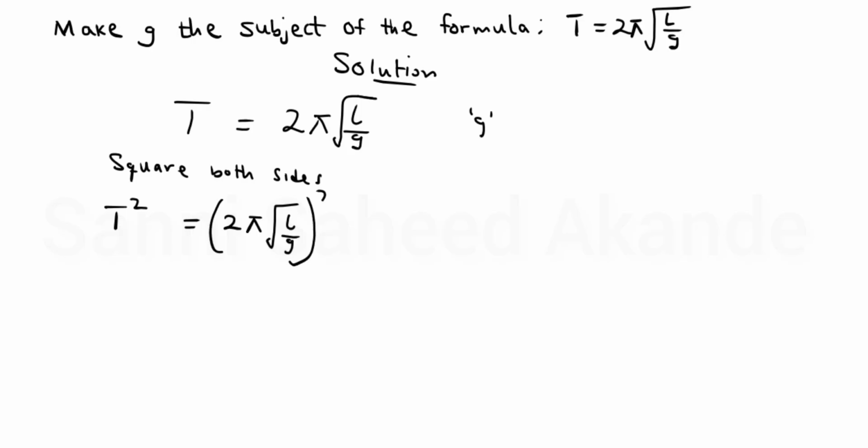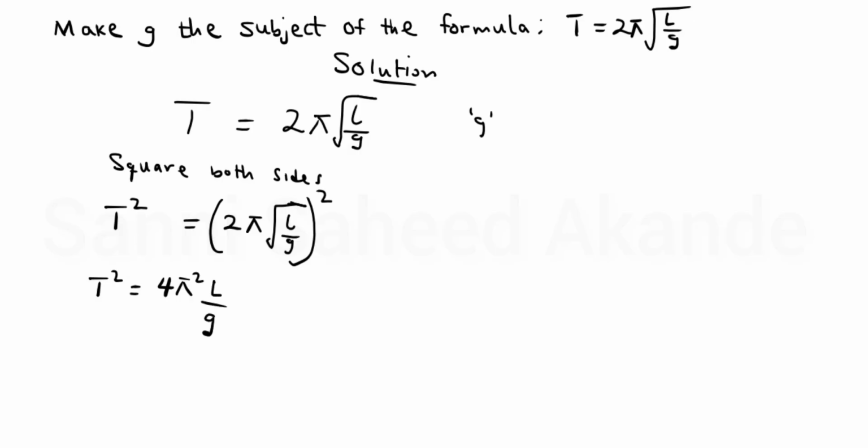We now have t squared is equal to, everything inside this bracket will partake in the power of 2, so 2 raised to power 2 will give us 4, then pi squared. Now this square root has cancelled this power of 2, because square root also means power of 1 over 2. So we are left with L over g.